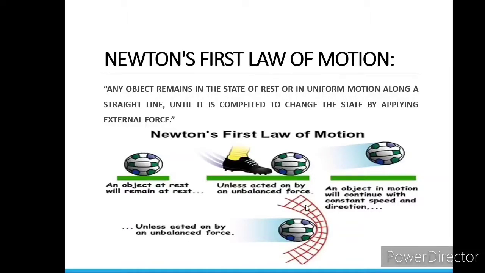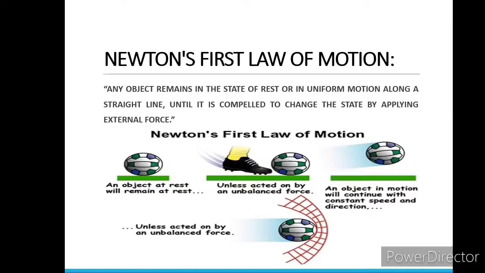Here you can see the ball is stopped by a net. The net applies the required force to stop this ball from moving. Not just that, when the ball hits the net, it will slide down and move in the opposite direction. That means it also changes its direction. So the first part was about rest: if it is at rest, apply force, it will start to move.